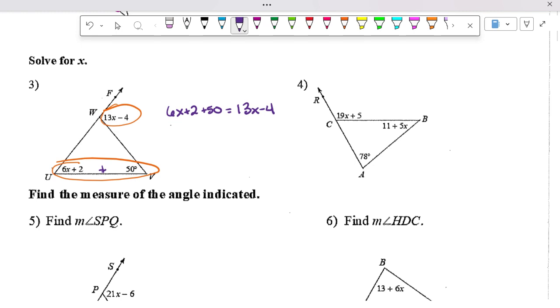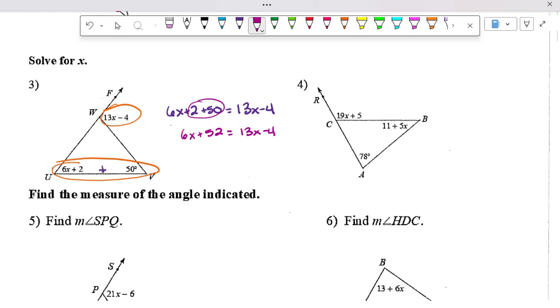So what do I do first? Combine like terms. Only like terms are on this side, so that's 6x plus 52 is equal to 13x minus 4. Now what do I do? Gotta get the x on one side, right?